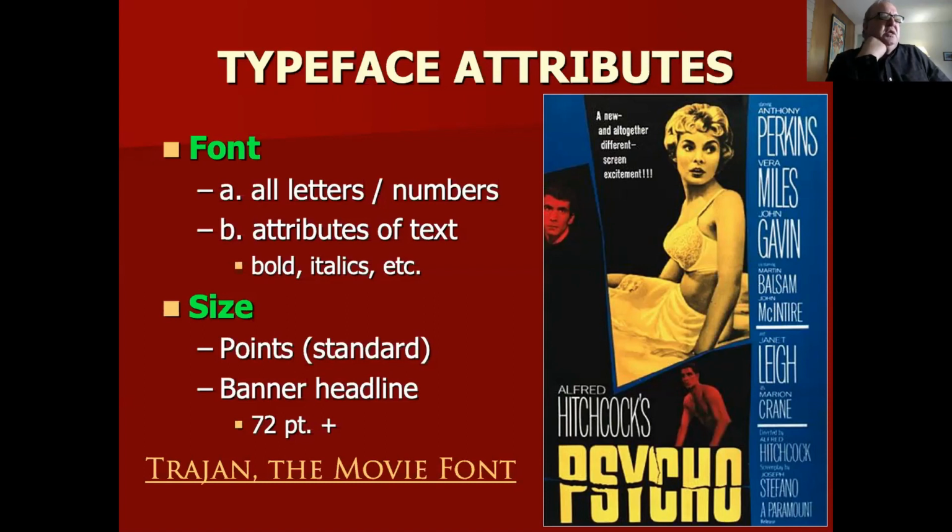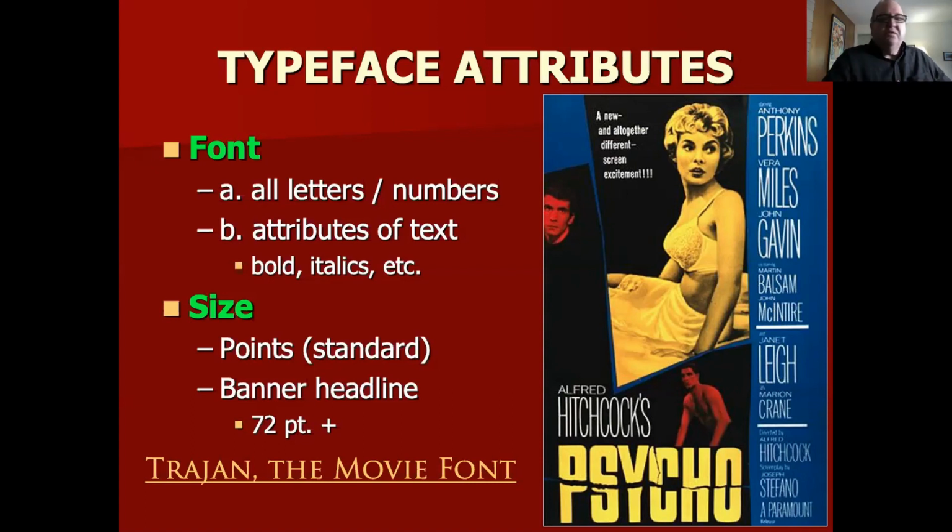Points are the standard of type sizing. There are 72 points in an inch. So if you have 72 points in a banner headline, that typeface is 1 inch high, basically. And I say basically because you will notice if you switch typefaces, the sizes vary, even if you're staying at the same point size.